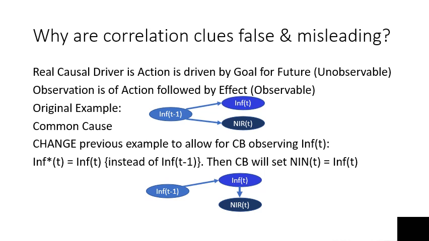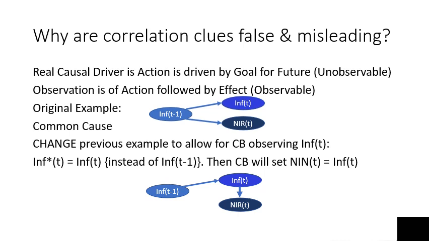So here the correlation pattern will show us that inflation in the past is a common cause of current inflation and nominal interest rates. But suppose that we change the circumstances slightly. Now suppose that accurate statistics for current inflation become available to the central bank. Then suddenly the correlation pattern will change, and instead of being a common cause, we will see that inflation in the past causes current inflation, which causes nominal interest rates.